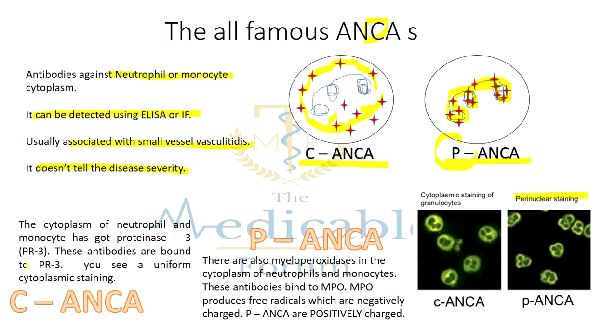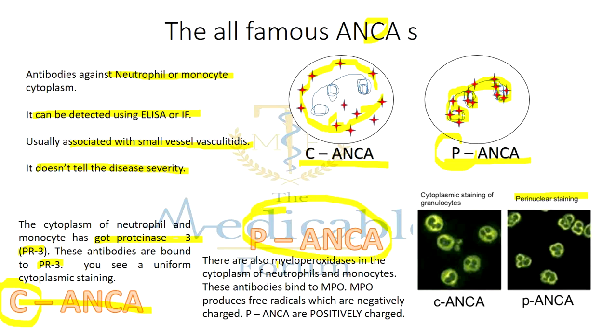The cytoplasm of neutrophil and monocyte has got the protein proteinase 3, PR3. It's not per rectum, it's PR. These antibodies are bound to PR3. So you see C is the third letter in the alphabet. So you see a uniform cytoplasmic staining. So that's C-ANCA.